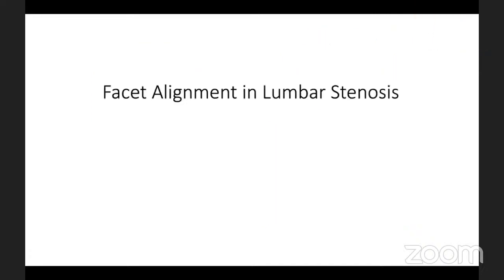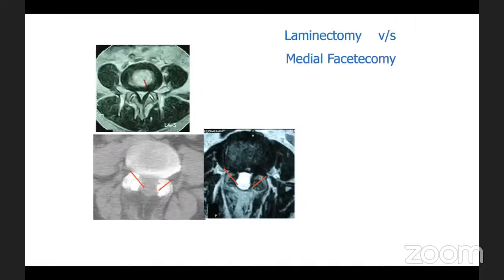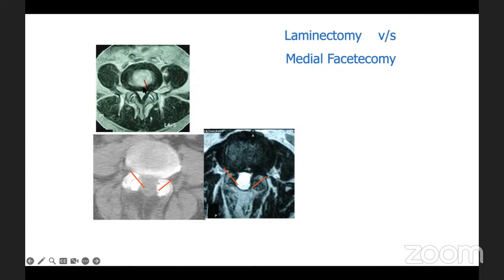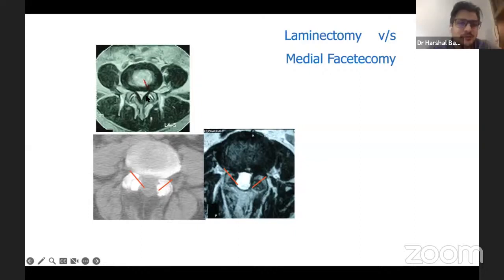Sir, can you again read the first MRI? I am unable to gather whatever you have said, sir. I'll tell you, can you see my cursor? Yes, sir. So this is the central canal. You can see there's a ligamentum flavum hypertrophy, right?